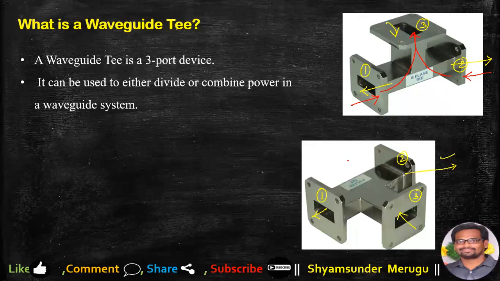The same thing we can observe if the input is applied at port 1 and at port 2: both will be added and we can get them as an output at port 3. So in this sense, there is an addition of the two signals. Basically, waveguide T's are used either to divide or combine the power in a waveguide system.